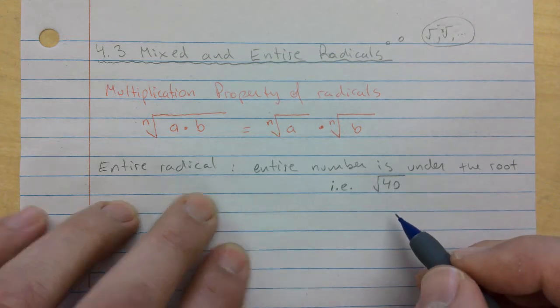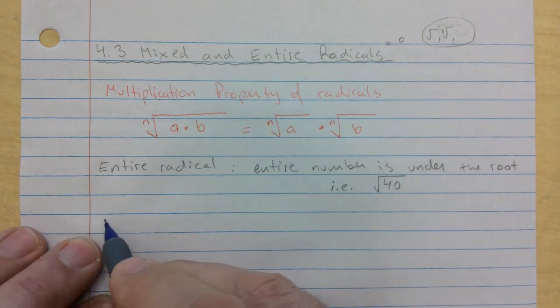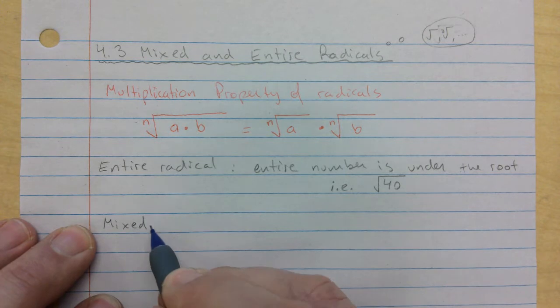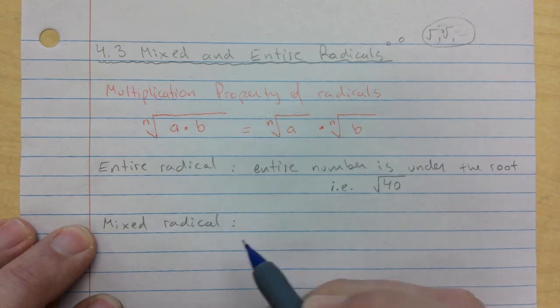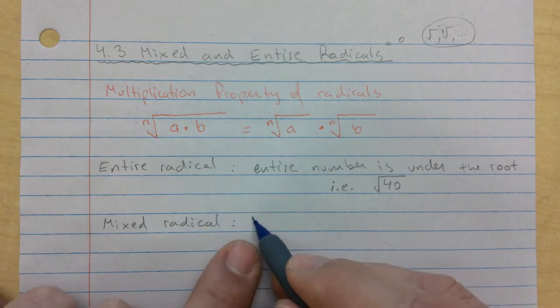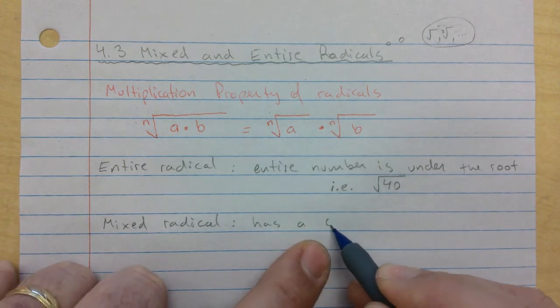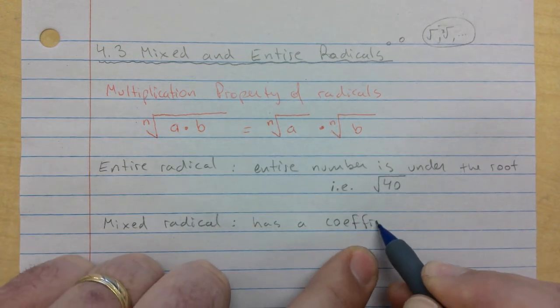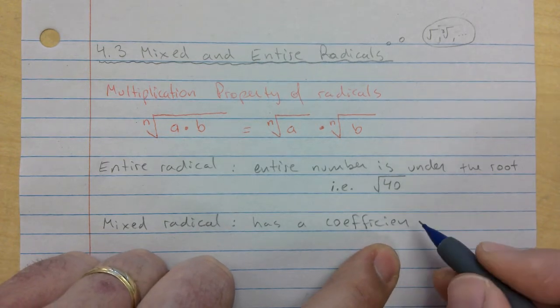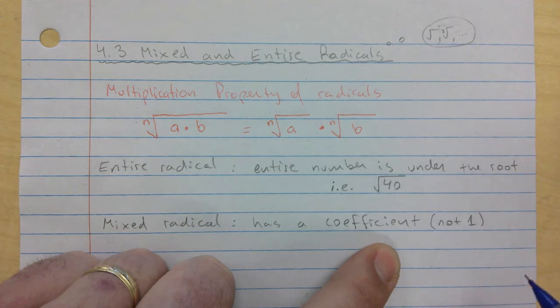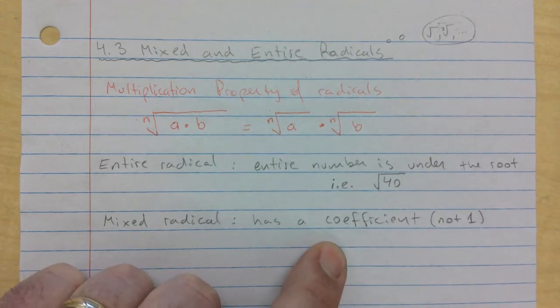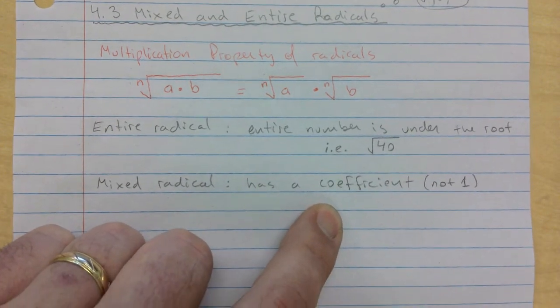Okay, a mixed radical has a coefficient, and it's not going to be 1, because technically all the roots have a coefficient of 1 in front of them.